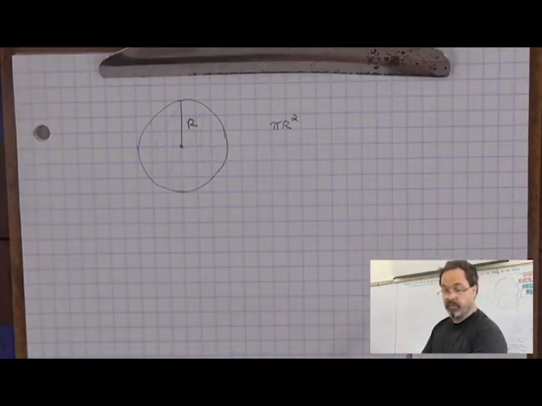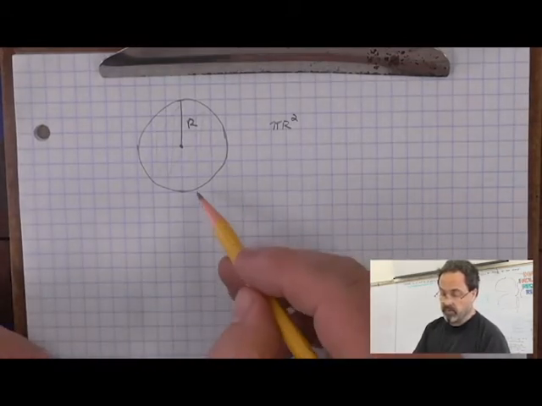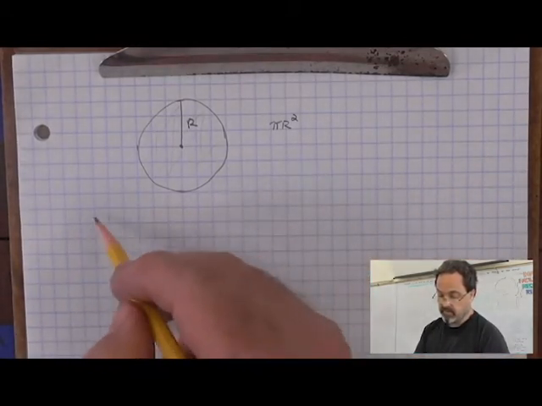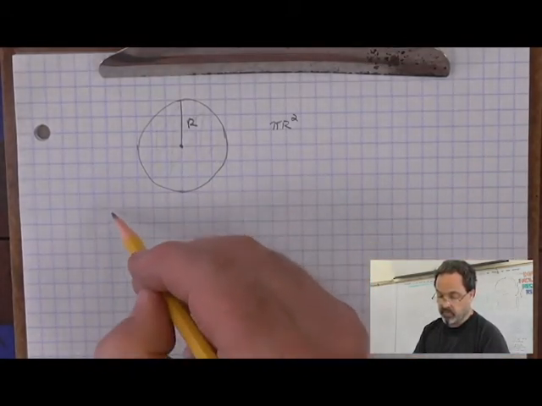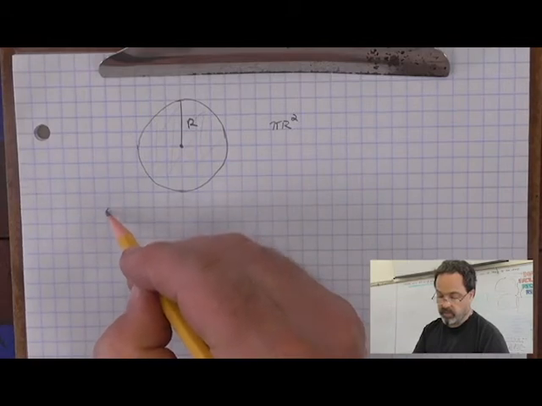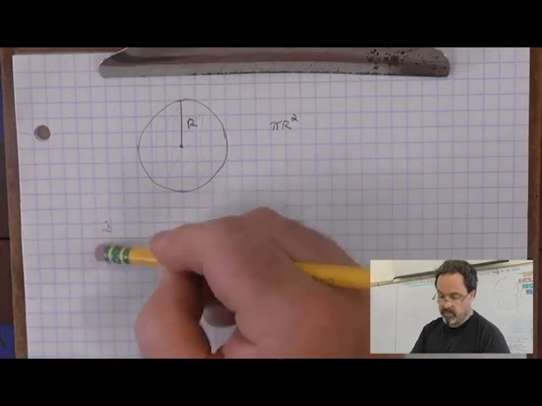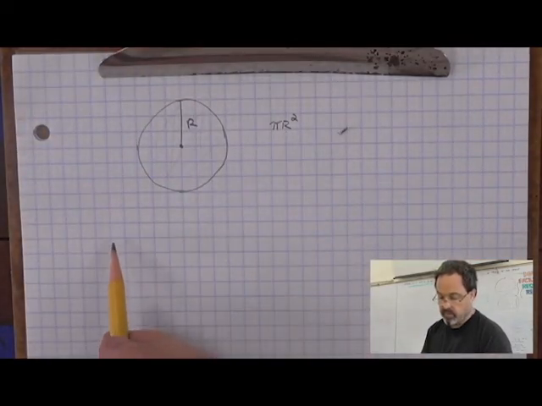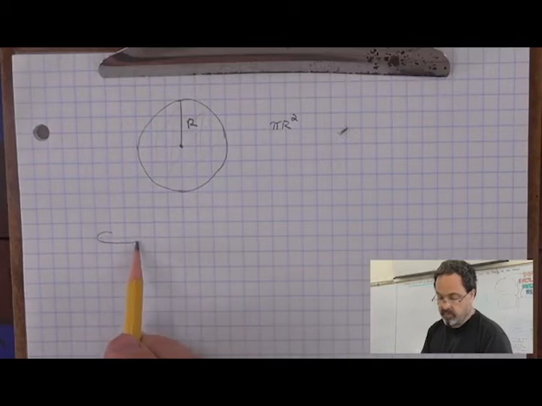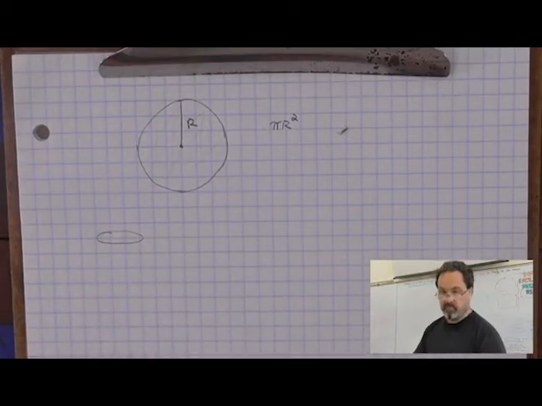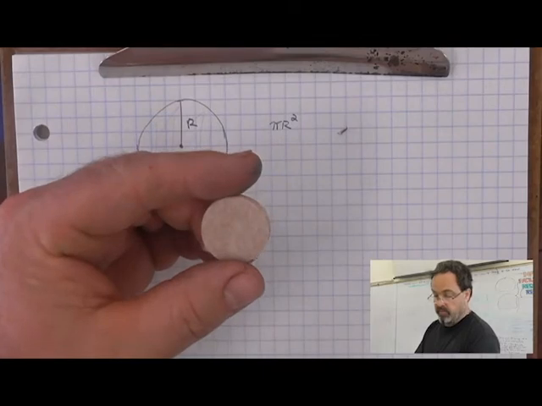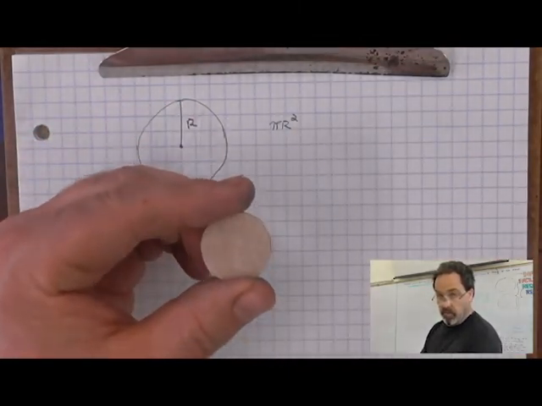Next, I'm going to draw this disk as if we were looking at it from the side. I'm going to change this presentation and draw it like this. Imagine looking at this disk from a perspective. I've got a model of a disk here. Could use a coin.